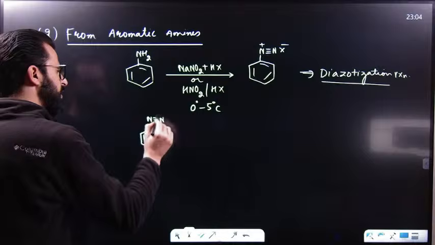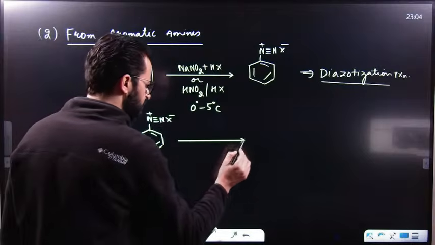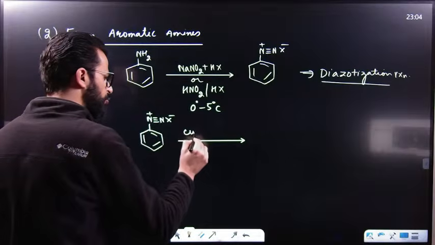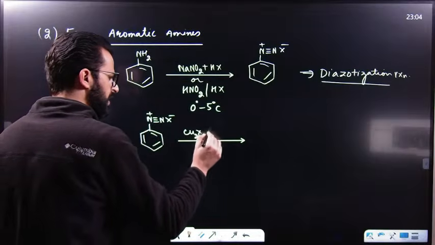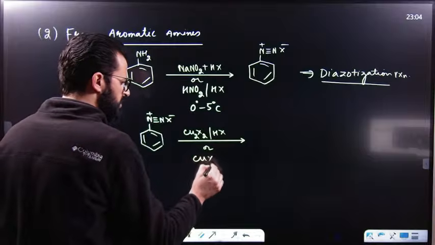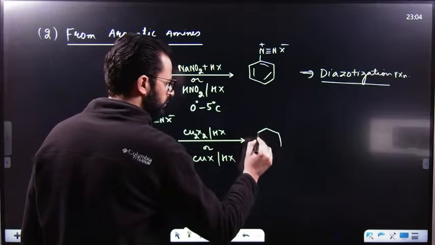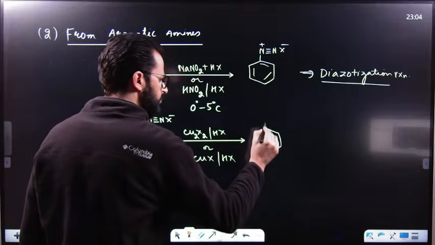This benzene diazonium salt, upon treatment with Cu2X2, cuprous halide, and HX, will result in the formation of haloarene.